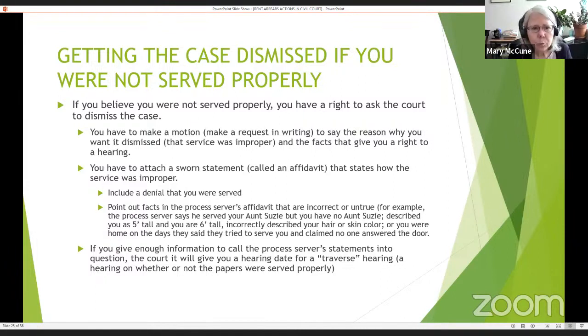If it's really clear based on the affidavit that a mistake was made, like they said they served you at an address and that wasn't your address, maybe you won't have to have a hearing, but generally the judges in civil court, they don't like to dismiss it without a hearing. So even when it's really clear cut, that's usually the best you're going to get, a traverse hearing. I don't know why it's called a traverse hearing. It has to do with some legal term from, who knows, probably the Middle Ages.